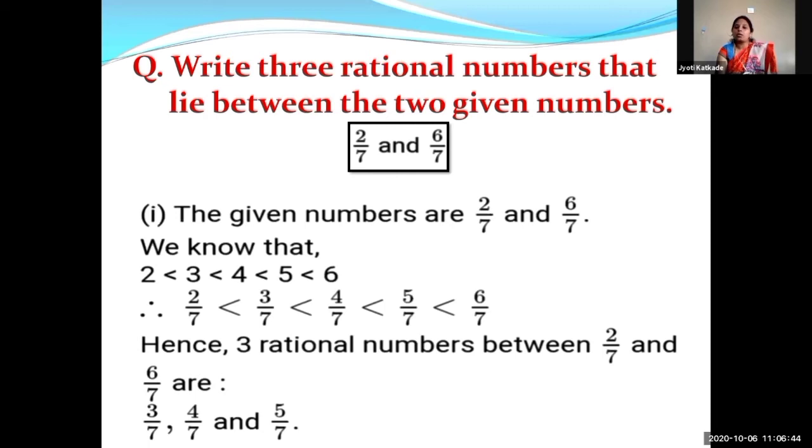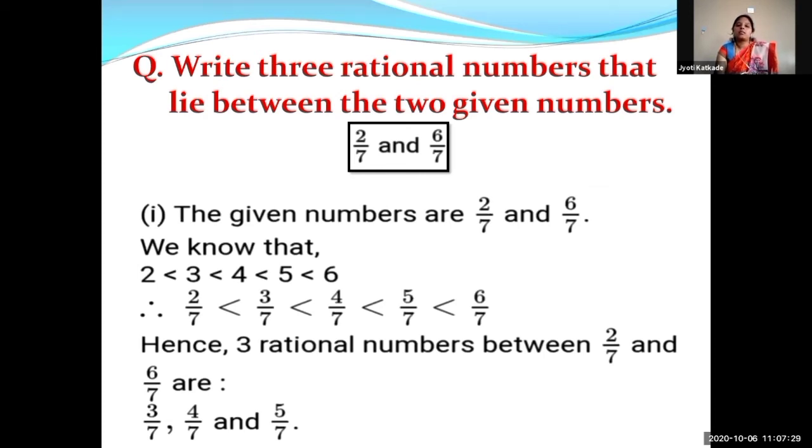We have to find numbers in between both numbers. When the denominator is the same, then find the numbers in between the numerator values, that is numbers in between 2 and 6, which are 3, 4 and 5. Therefore, in between 2/7 and 6/7, the numbers are 3/7, 4/7 and 5/7. Hence, 3 rational numbers in between 2/7 and 6/7 are 3/7, 4/7 and 5/7.